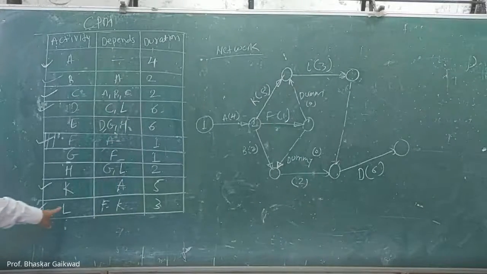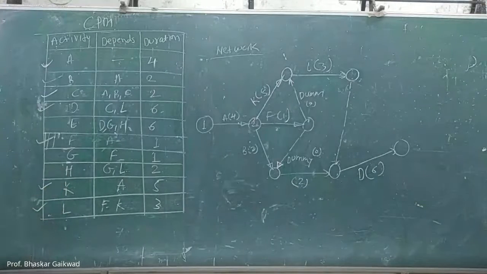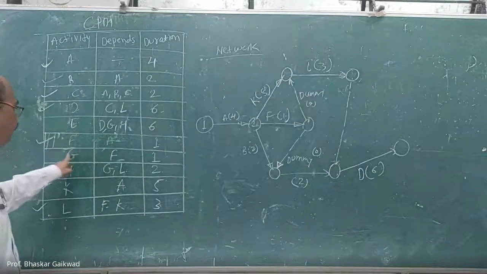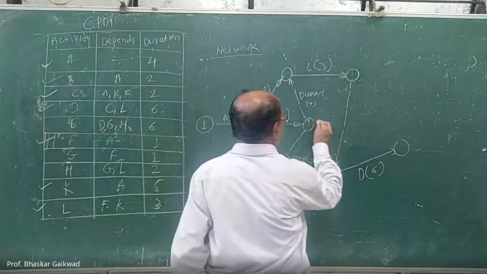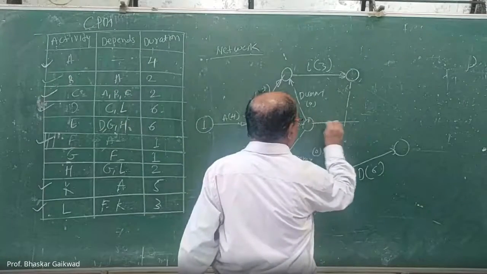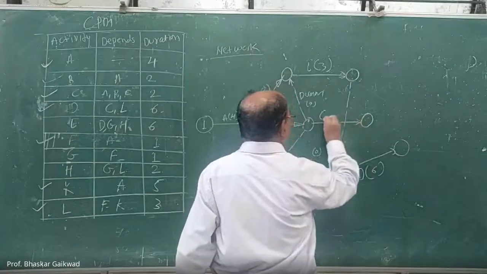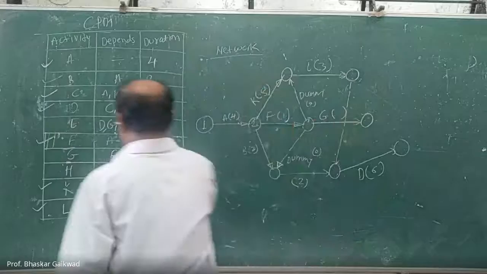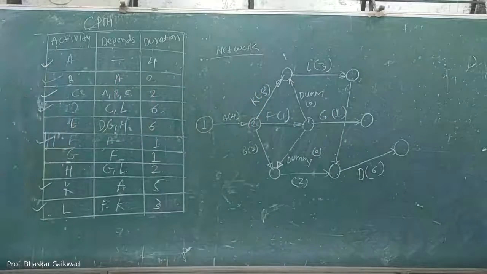K is there. L will start from F. This activity is H. H, G and L. Now G and F. G will start from F. So G will start from here. It is the G. So here it is a G. What is the duration of the G? 1. Correct.